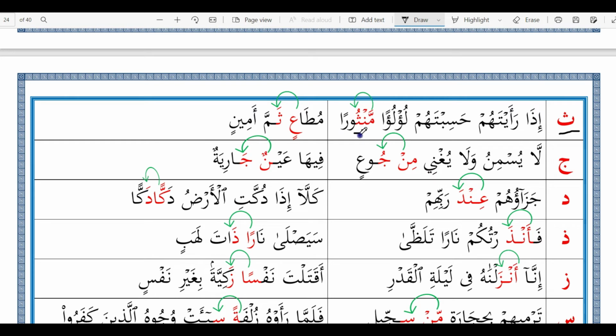But because tha comes after Noonus Saakinah, we have to pronounce this noon sound halfway, so we say mang, mang, and then we have to stretch the joining sound, so we say manthura.